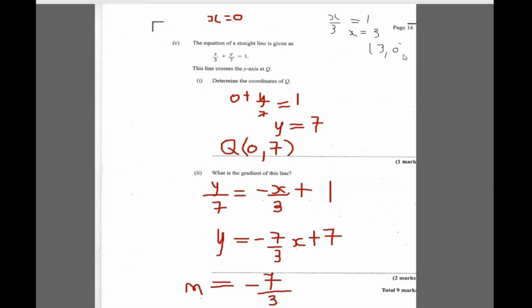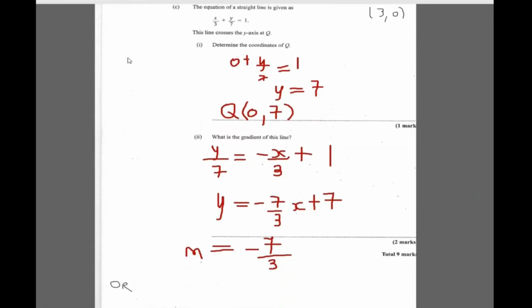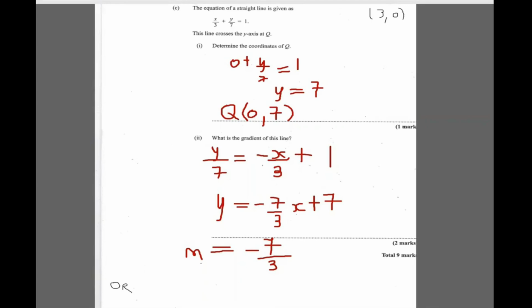Now, after you have the point (3, 0) and the point (0, 7), you could go ahead and find the gradient. What is gradient? y2 minus y1 over x2 minus x1. So the gradient is equal to y2, which would be 0, minus y1, which is 7, so 0 minus 7 over x2, which is 3, minus x1, which is 0.